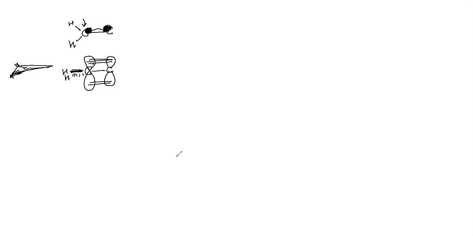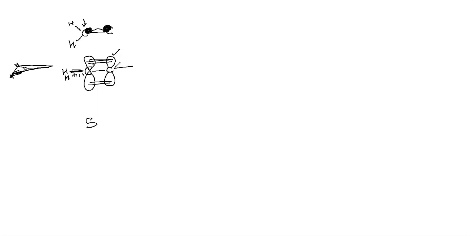An sp hybridized carbon will have a sigma bond and two pi bonds. That means two p orbitals. So one p orbital is already here, and the sigma bond will be linear.